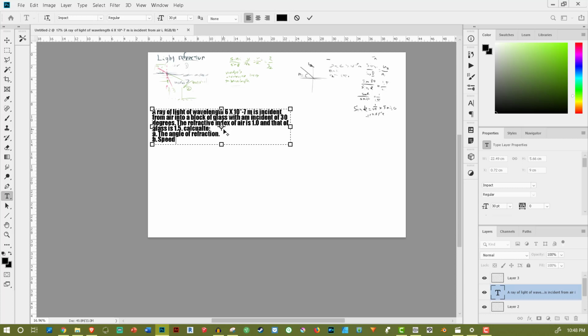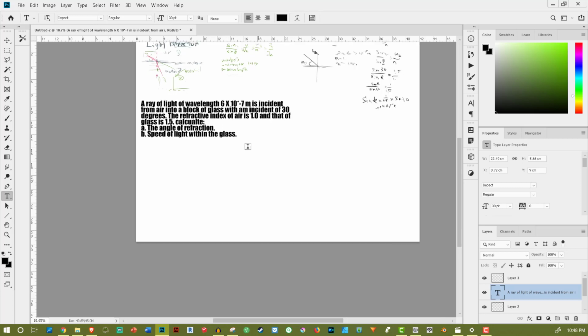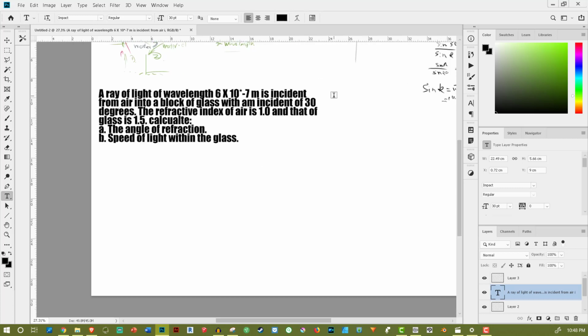Calculate the speed of light within the glass. This one is actually pretty simple.